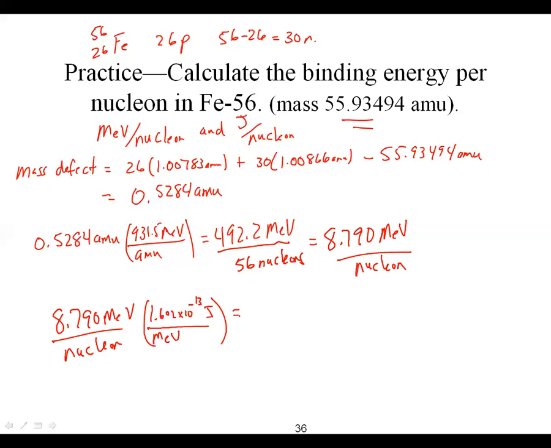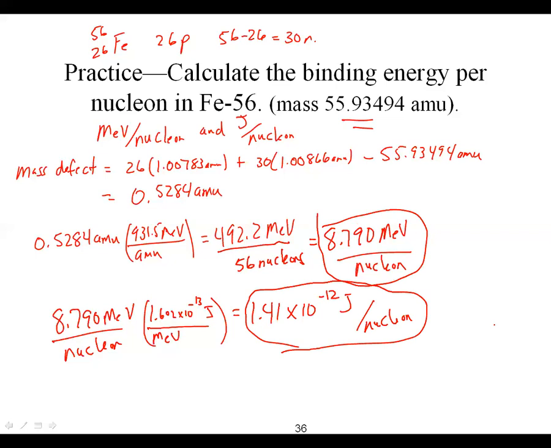And that would get us 1.41 times 10 to the minus 12 joules per nucleon now. And again, if you took the E equals MC squared approach, you'd probably end up here first, and then you could use the conversion to go up there. Any questions on the calculation there?